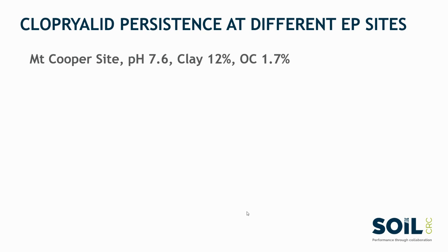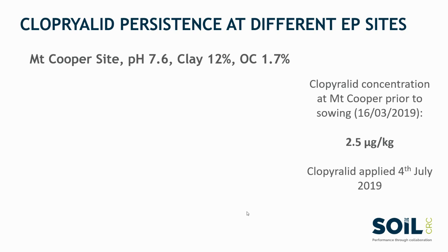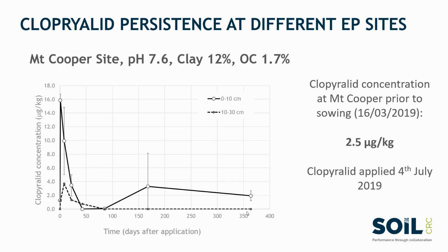Interestingly, at another site at Mount Cooper, we had a similar amount of Lontrel applied on the 4th of July, and in this case, you can see a lot more rapid breakdown in this soil with more organic carbon and clay and more rainfall.